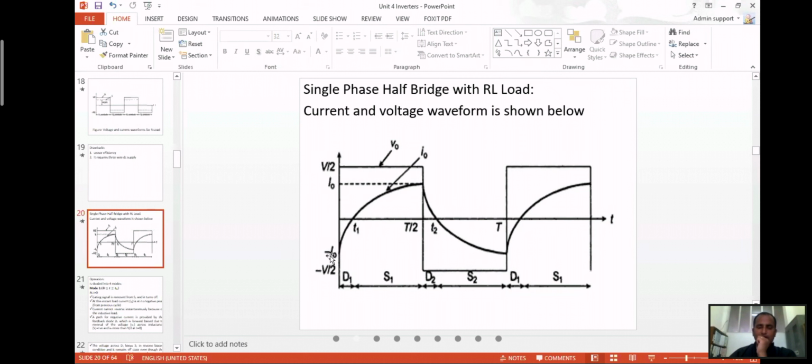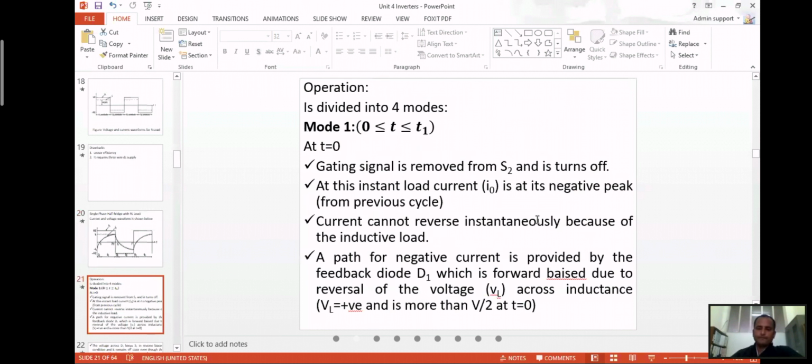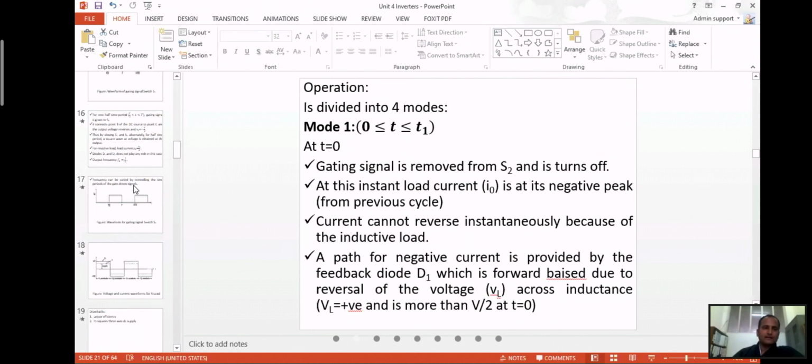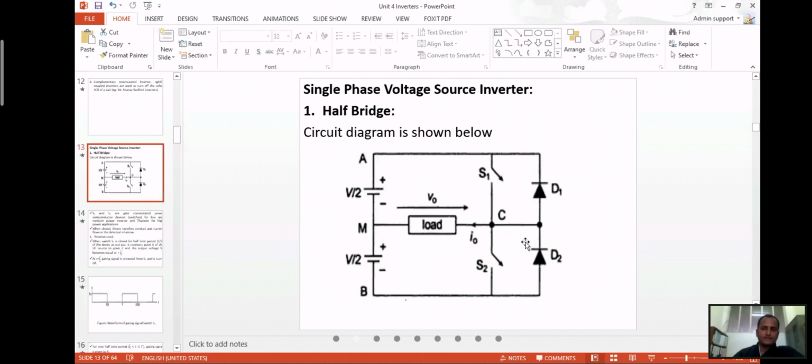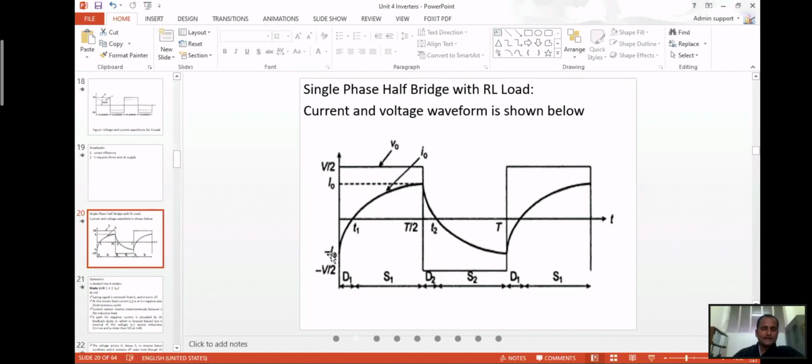The load current is at negative maximum from the previous cycle, as you can see from this waveform.